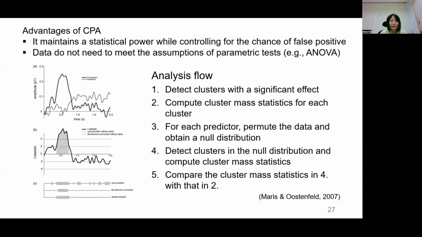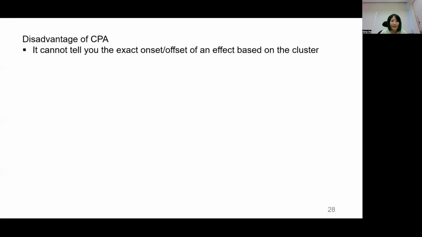And the disadvantage of cluster-based permutation analysis is that it can't really tell the exact onset or exact offset of an effect based on the cluster.